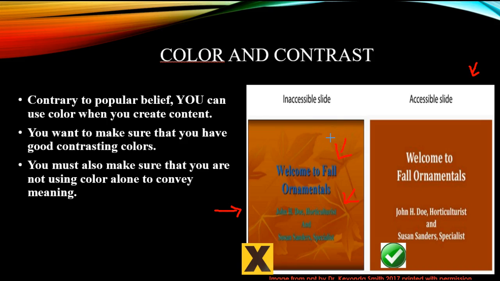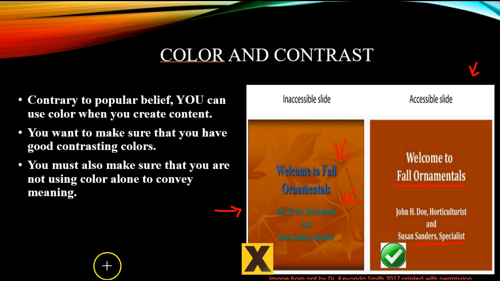Right next to it is a picture of an accessible slide that has the same information. It has a simple brown background, no designs in the back of it. It has the words in white and not blue or green, so the white stands out against the brown, so it contrasts.